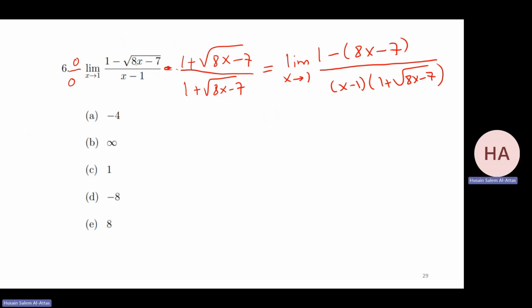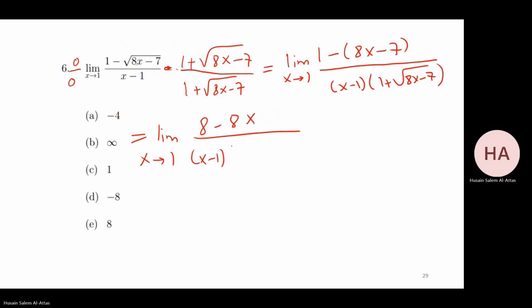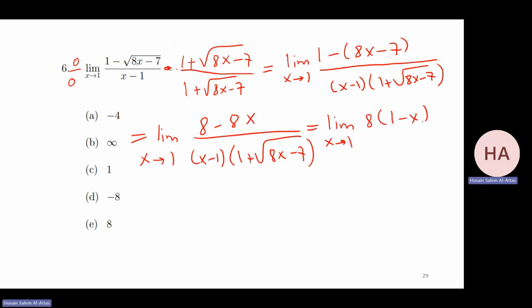What is this? This is minus the square root of 8x minus 7, so it's 1 minus 8x plus 7. So its limit as x goes to 1 is 8 minus 8x. What is this 8? It's 8 times 1 minus x.